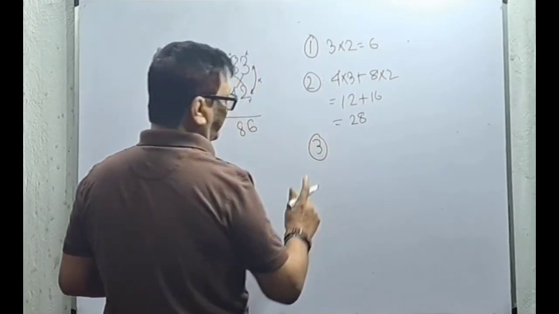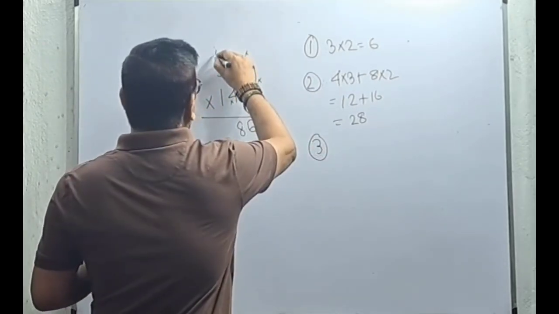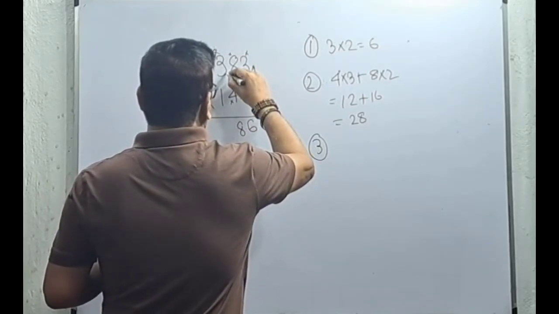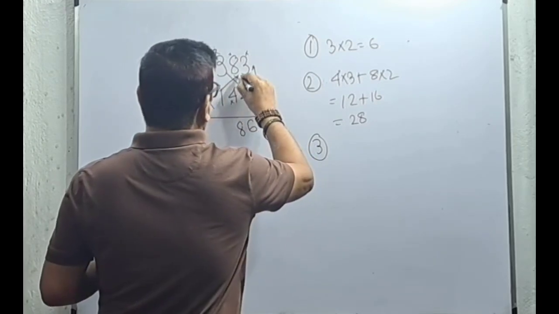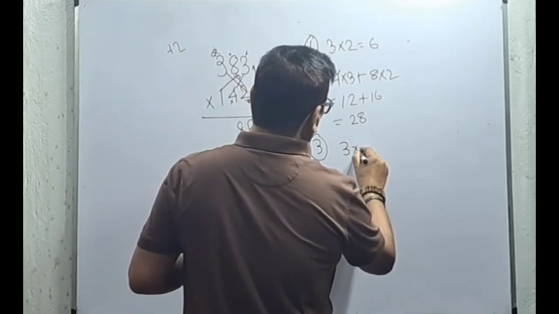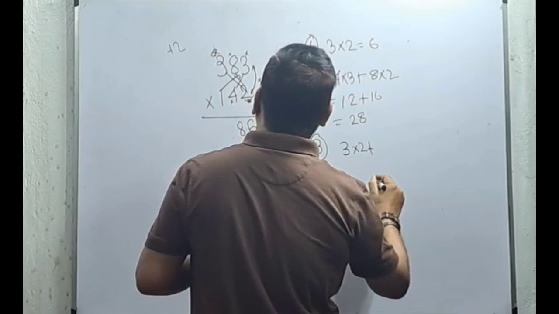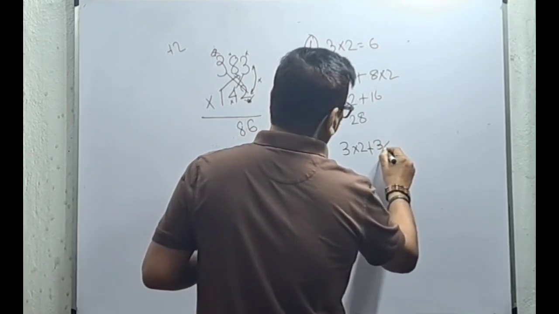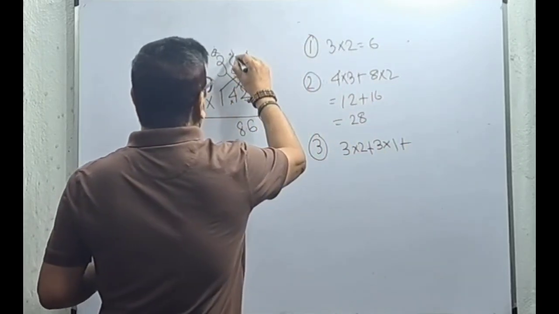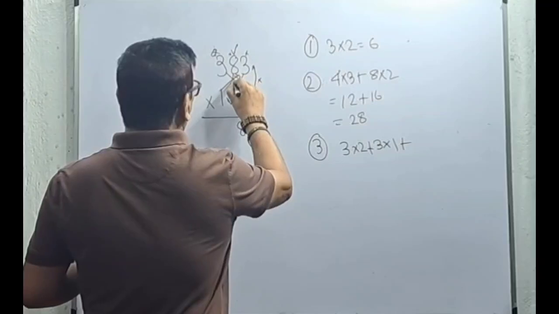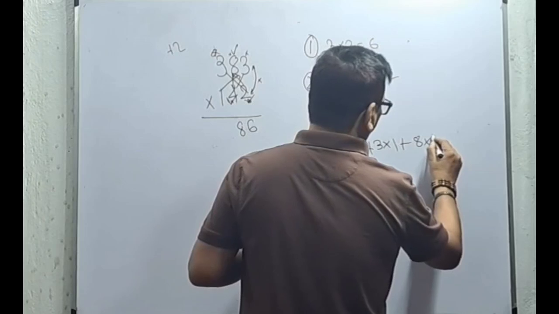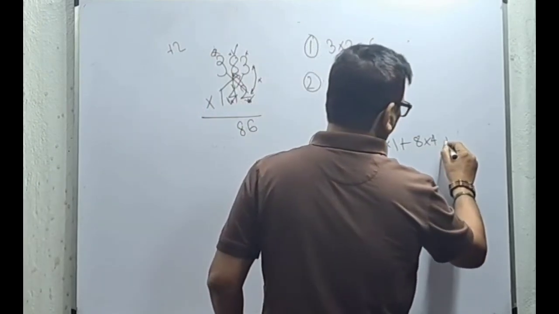Now third step. Look into this very carefully. Be very careful. These two will be multiplied like this. 3 multiplied by 2 plus 3 multiplied by 1 plus 8 multiplied by 4 plus we carry 2.